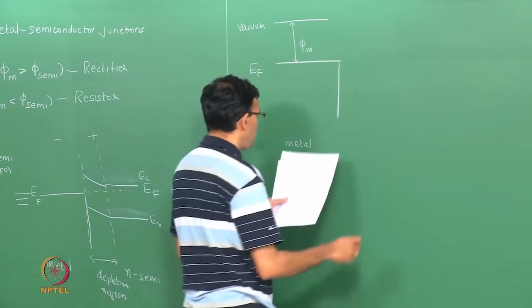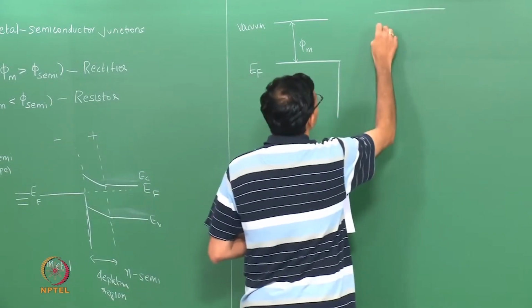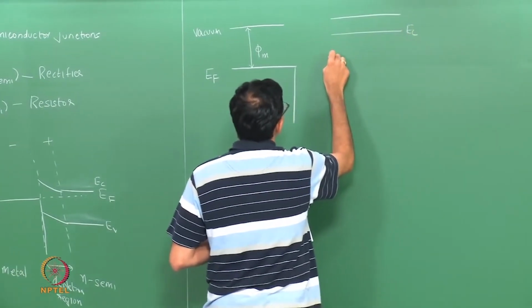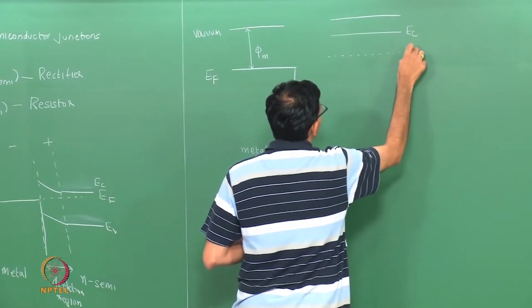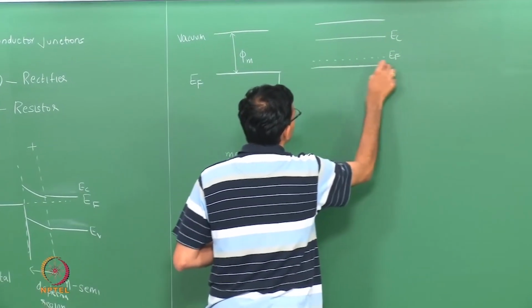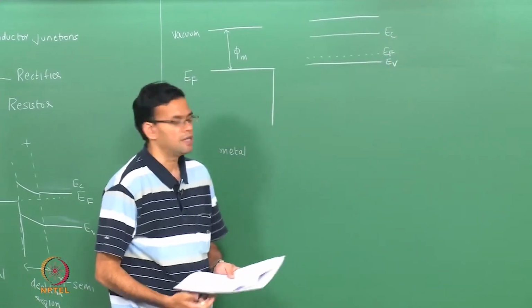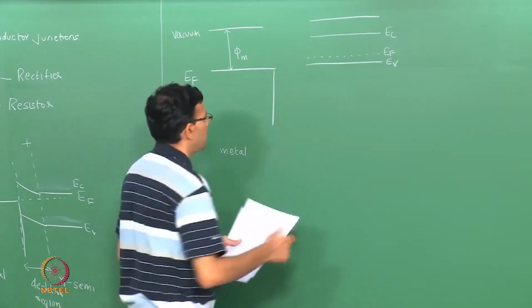We now have a P type semiconductor. So, this is EC, this is EF, and this is EV. So, it is a P type semiconductor, so that the Fermi level is close to the valence band.